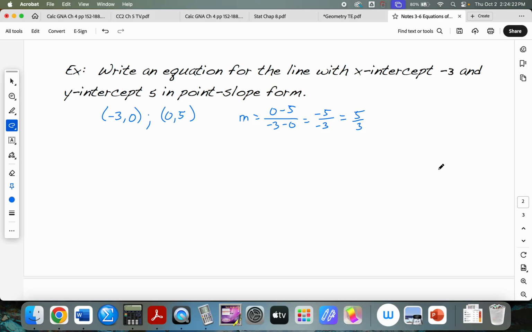And now you have lots of choices for how you want to write your equation. You've got a slope and a y-intercept, you could use the slope-intercept. You've got the slope and 2 points, you could write 2 different ones depending on which point you pick. It doesn't matter. So let's say you wanted to do slope-intercept.